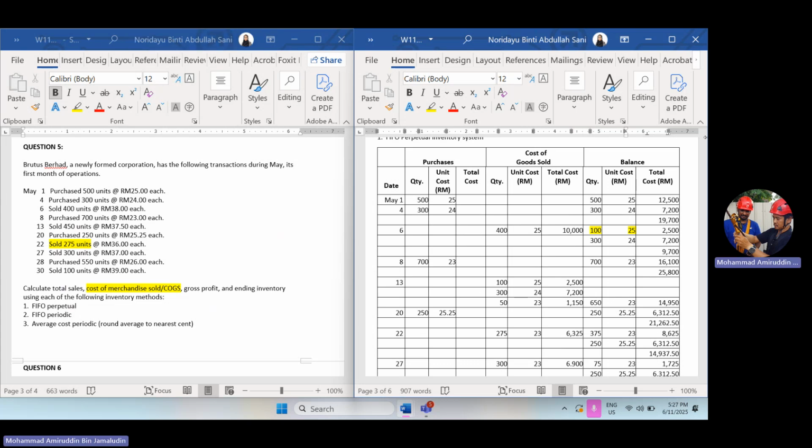So I just put in my purchases accordingly. Next, purchase another 300 units. This is 5-4, perpetual. So 324, 324. This is my total inventory as at 4th May. This one, like Abdullah said just now, he doesn't want to repeat writing this. Yes, can. But make sure your total is correct.